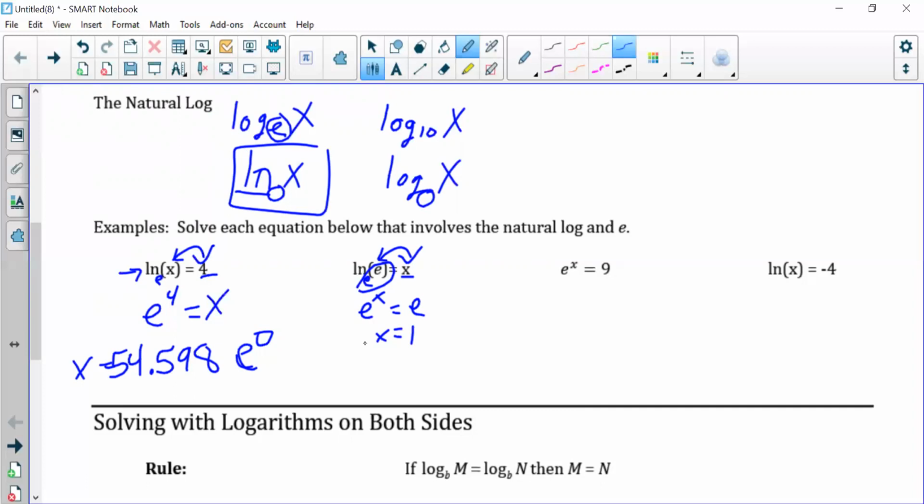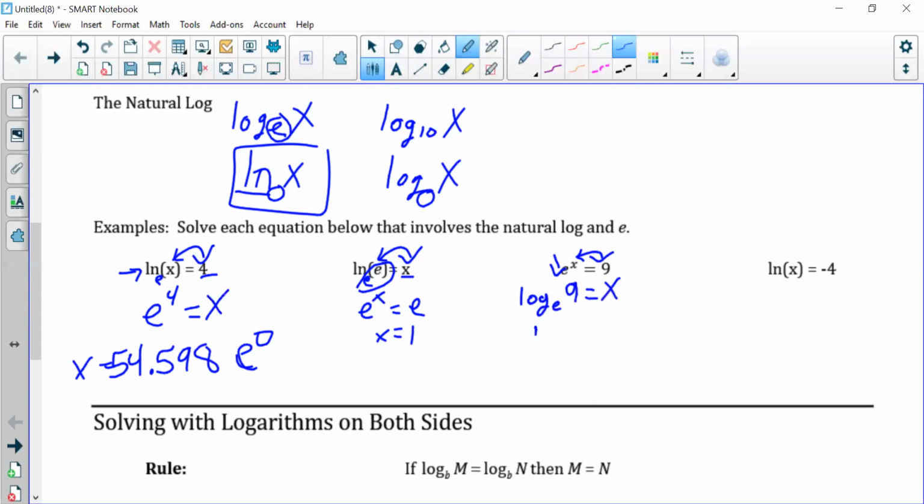Next, e to the x power equals 9. So how in the world do I do that? Well, let's convert this back to a log and see if it makes a difference. Remember, when we're converting it to a log, these two switch places. This reduces to a subscript, so the log base e of 9 is x.